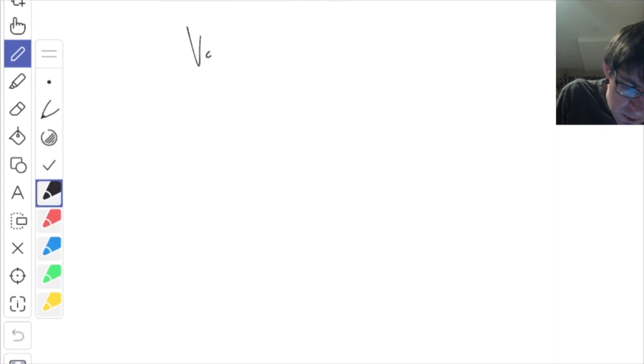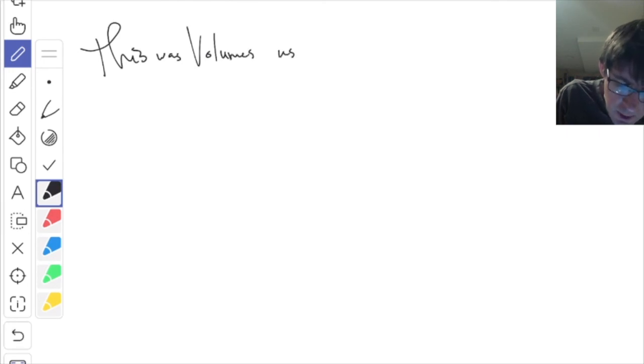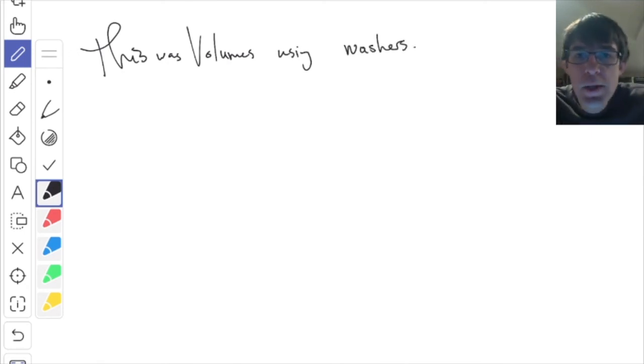What we've just been doing is volumes using washers, right? Or in the simpler examples, they're just disks, solid disks without the hole in the middle. Then you just use pi r squared instead of pi r1 squared minus r0 squared. This was volumes using washers.